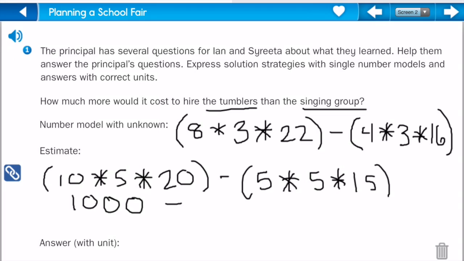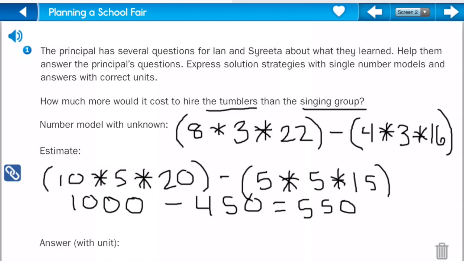Now I'm going to do 5 times 5 equals 25, and I'm going to multiply it times 15. We get about 450. Okay. And then if I take 1,000 minus 450, I get about 550. Okay.